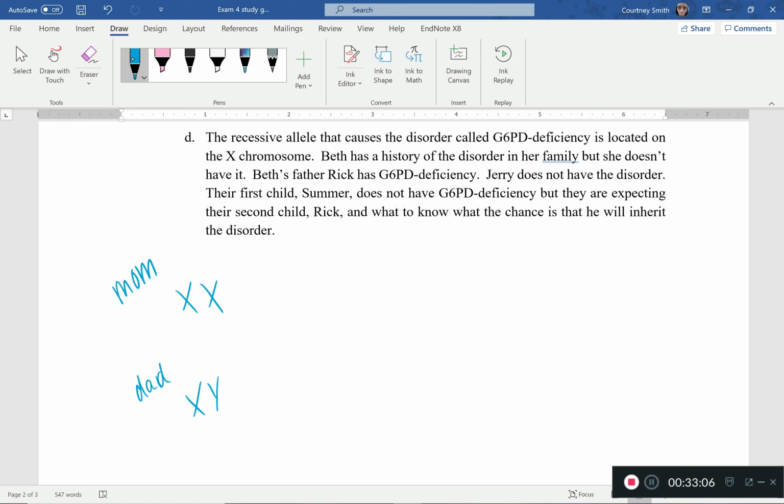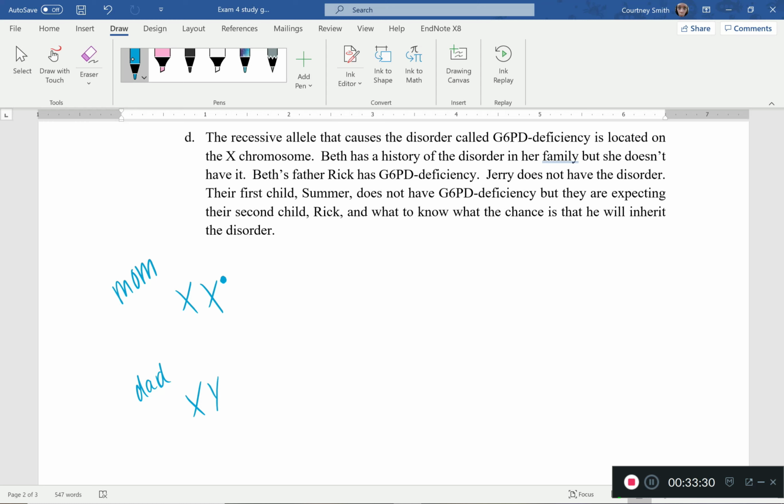But mom does have a mutation on one of her X chromosomes, so I'm going to put a little dot to represent the mutation on that X chromosome. The reason she has a mutation on only one of her X's is because her father does have the deficiency, but she does not.